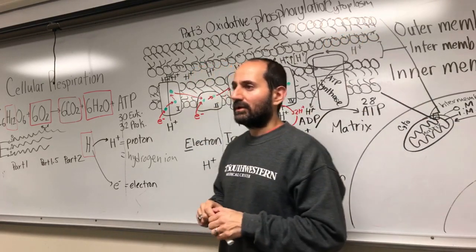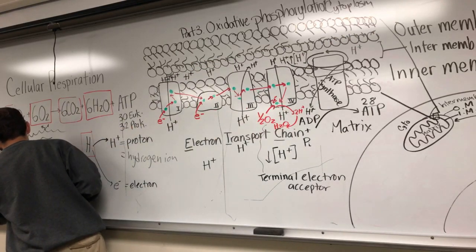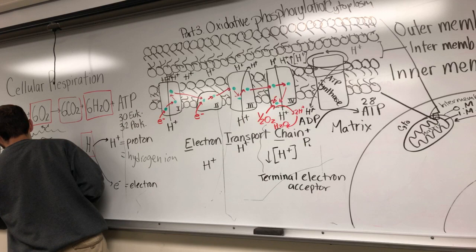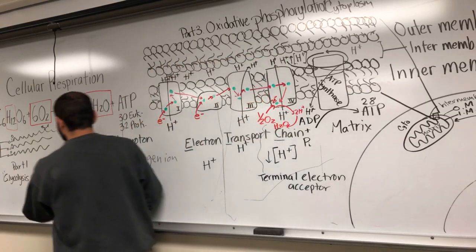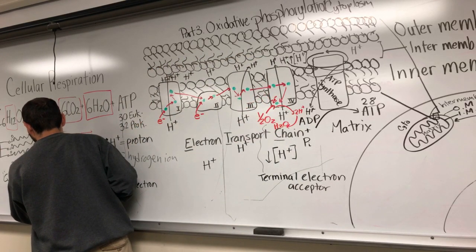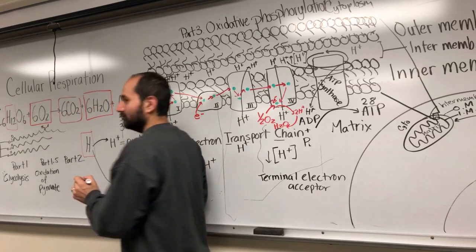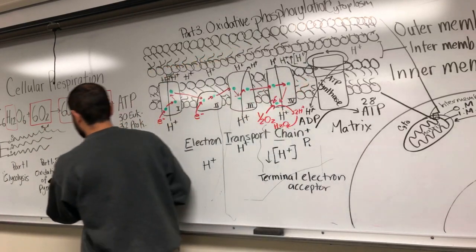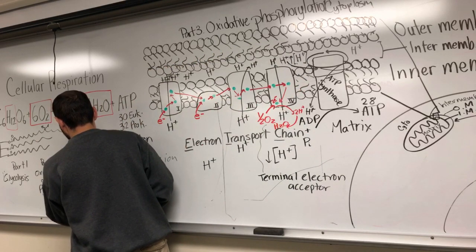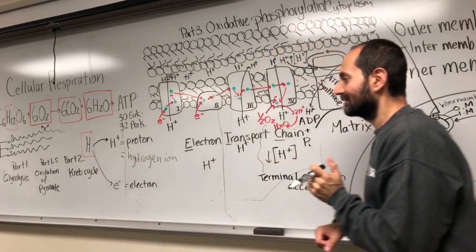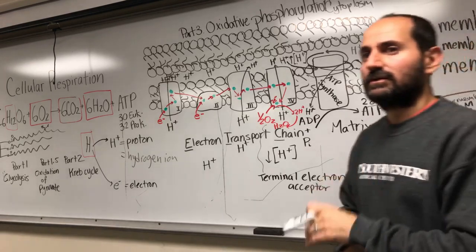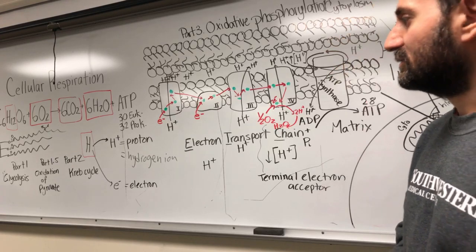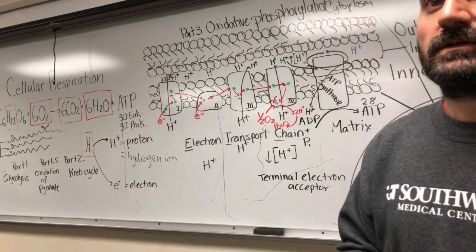Part 1, I'm going to give you the name of part 1. Part 1 is called glycolysis. Part 1.5 is called oxidation of pyruvate. Part 2 is called the Krebs cycle.